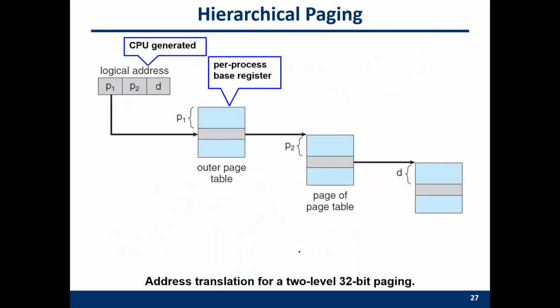So here is one example. They divide the entire page table into an outer page table and a so-called inner page table. They use the first 10 bits to index a table, and the lookup result is actually the starting point of the second level inner page table.